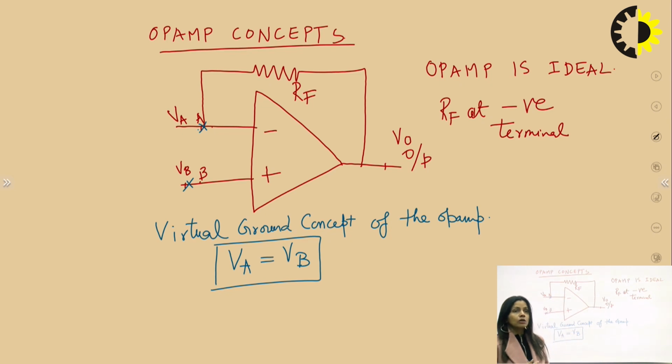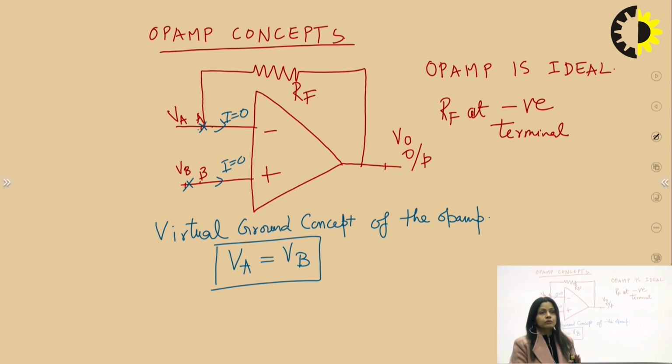Now, why does this virtual ground concept apply in case of ideal Opamp? Because here, since the Opamp gives infinite input impedance, due to the infinite input impedance, the current entering from inverting and non-inverting terminal of the op-amp is 0.